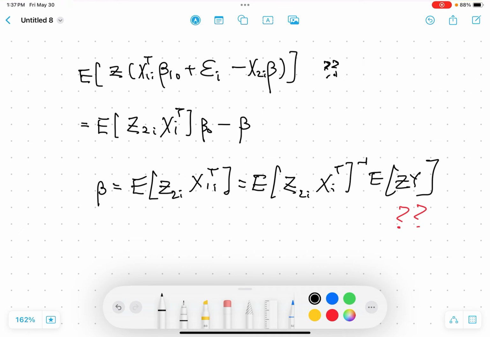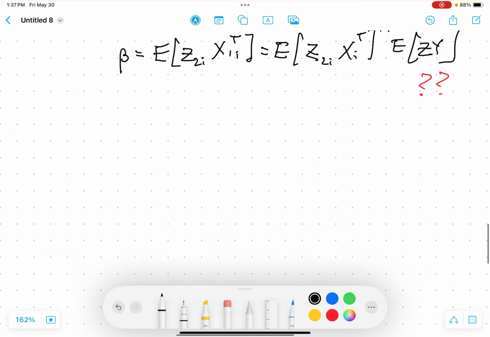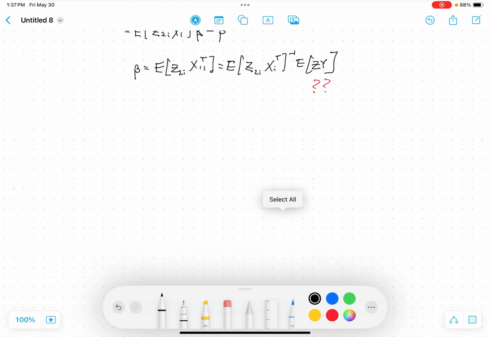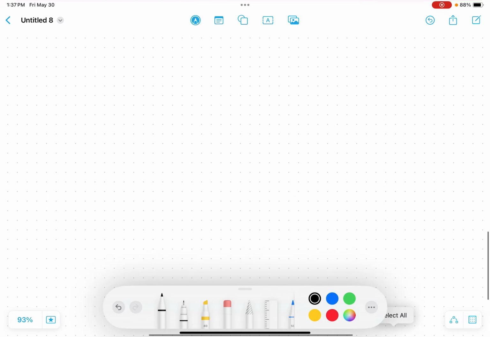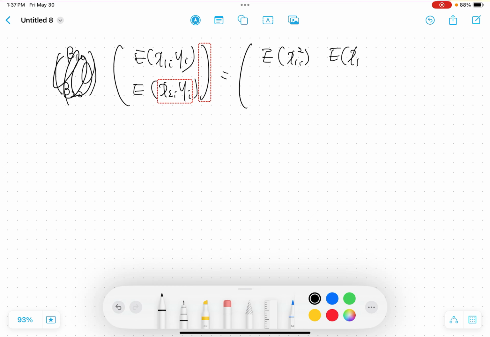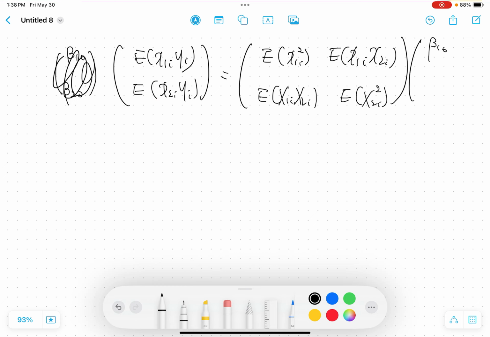And another problem is that this guy set up a linear system of equations, starting from expectation x1i yi, expectation x2i yi equals expectation x1i squared, expectation x1i x2i, expectation x1i x2i, expectation x2i squared times beta 10, beta 20.